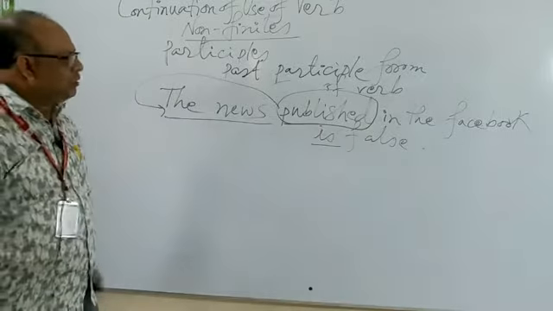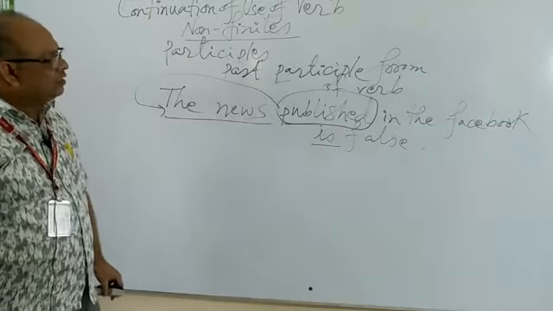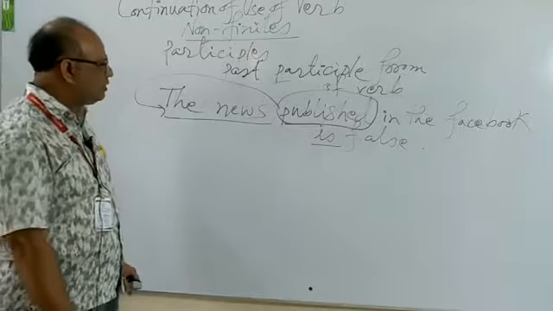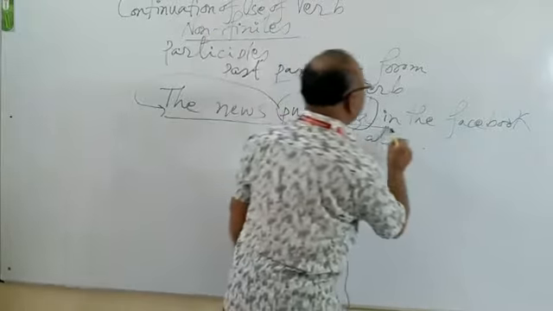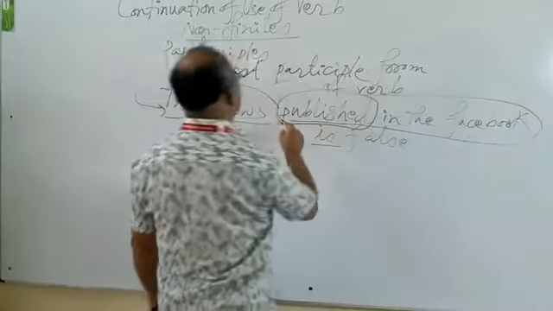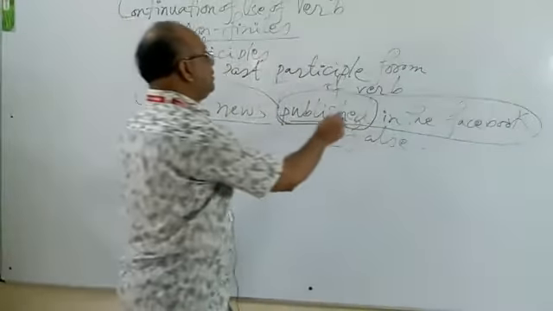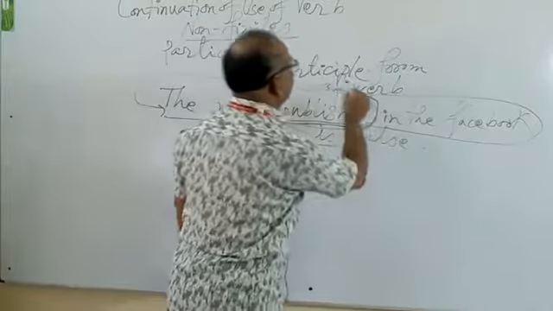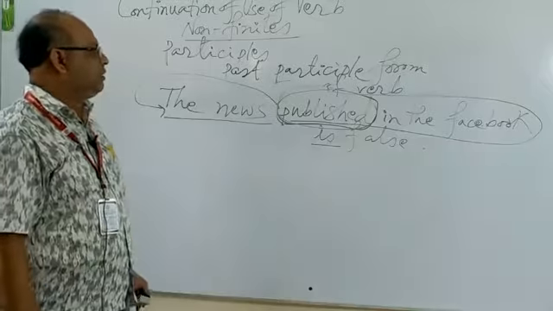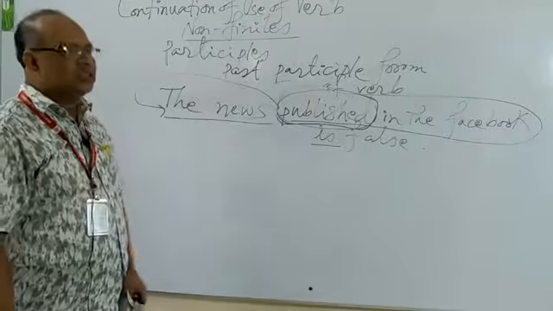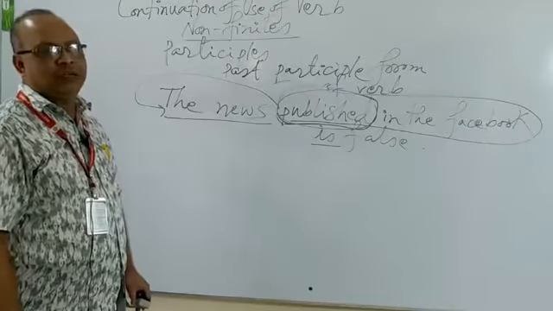The news published in the Facebook is false. Which kind of news? Published in the Facebook. This is the modifying phrase, and this is the past participle used as post-modifier and adjective. So we use past participle.